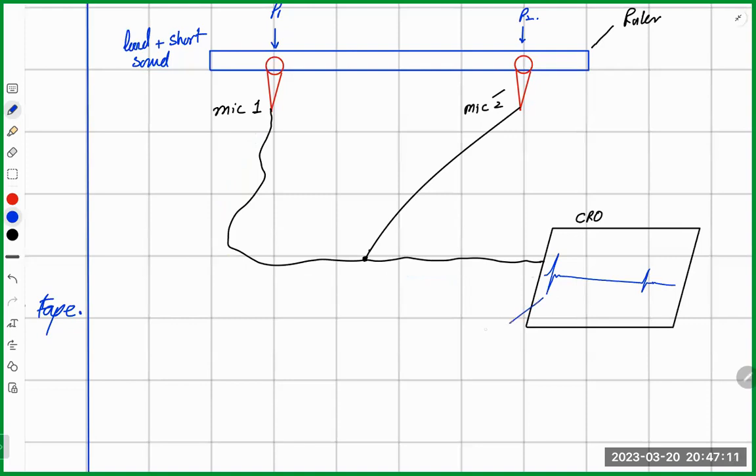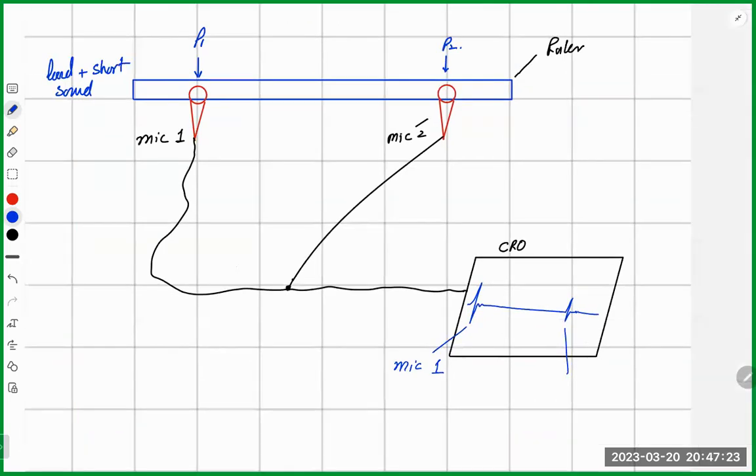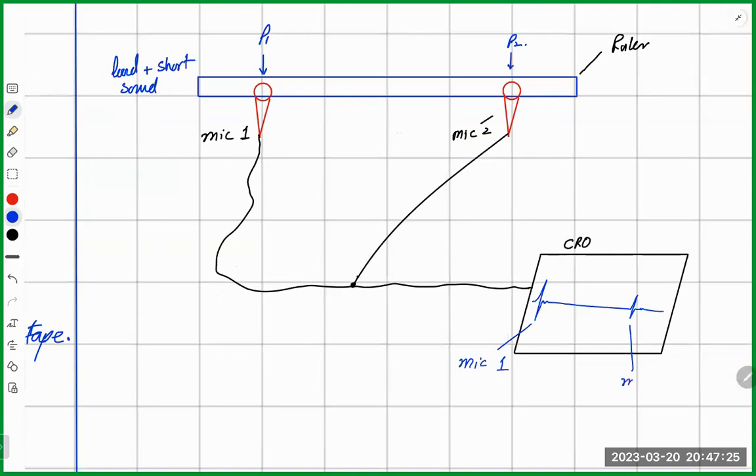This is mic 1. And then the same sound travels to mic number 2. So mic 2 also sends another pulse.